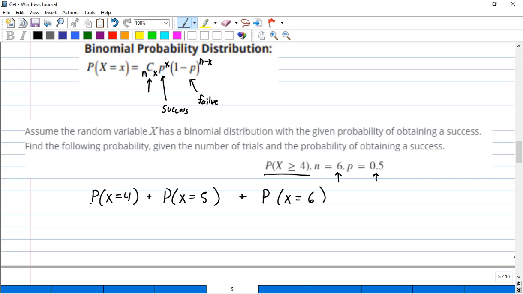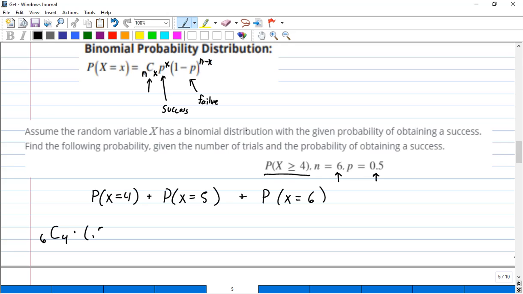But the probability that x equals 4 for this binomial probability distribution is going to be 6C4, and then times, we were told the probability of a success is 0.5.